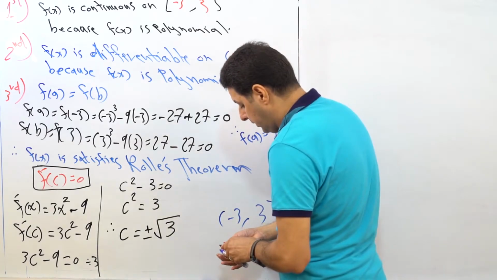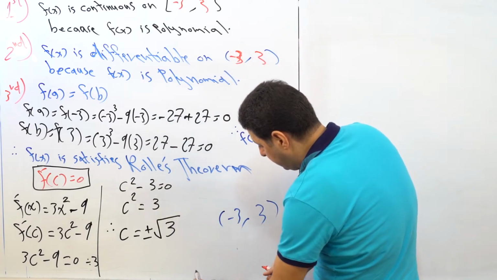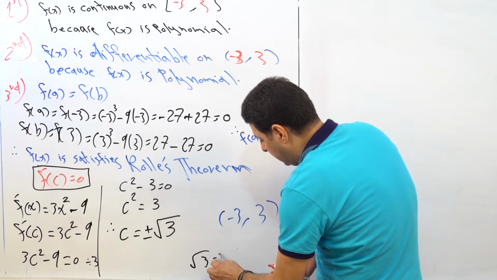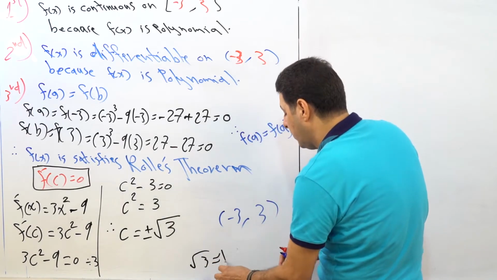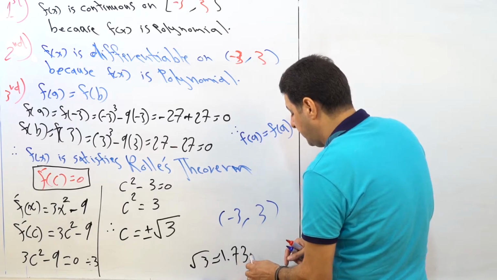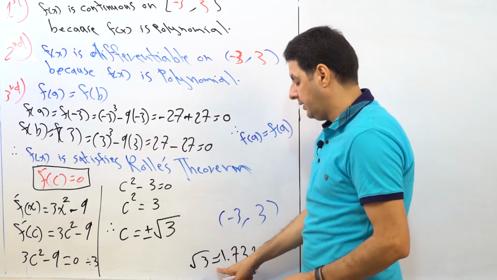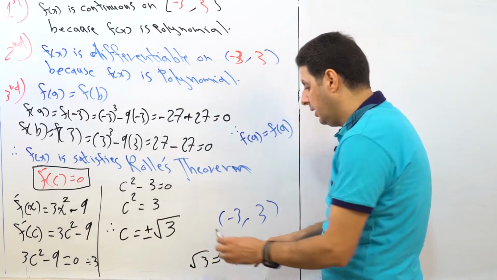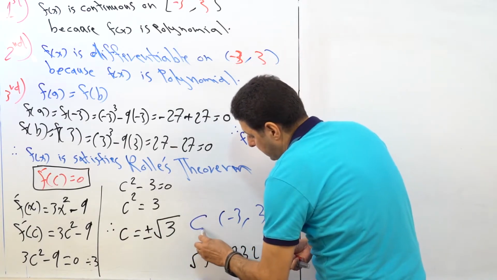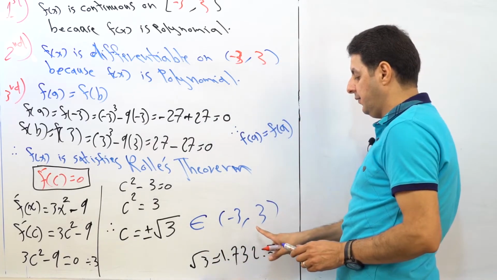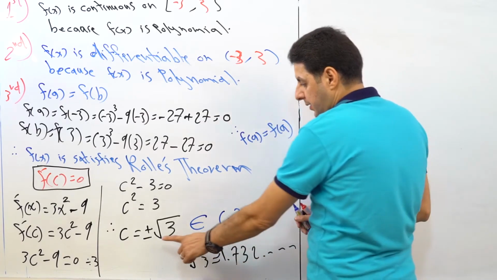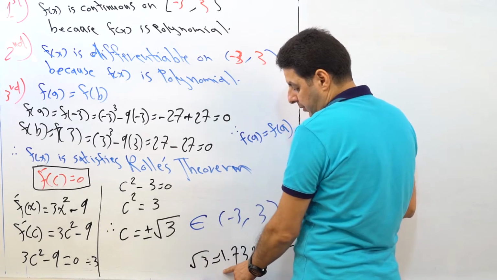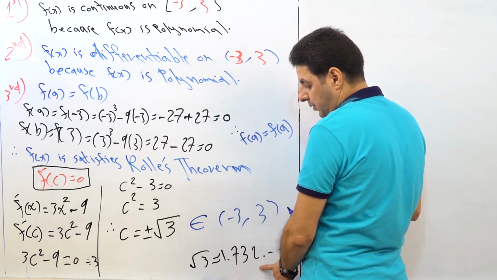Square root 3 approximate 1.73. That is mean plus minus square root 3 belong to negative 3, 3 because square root of 3 is approximate 1.732.